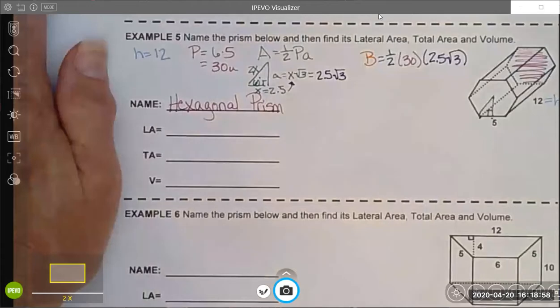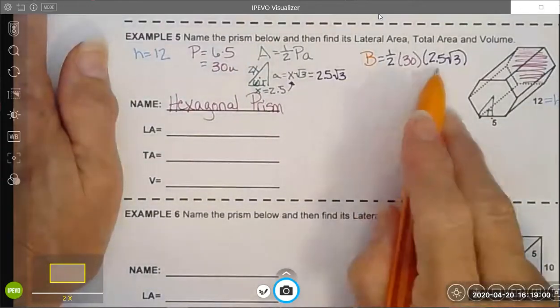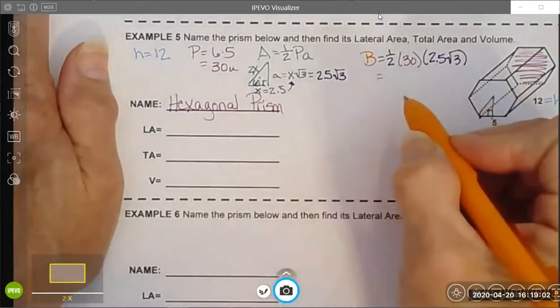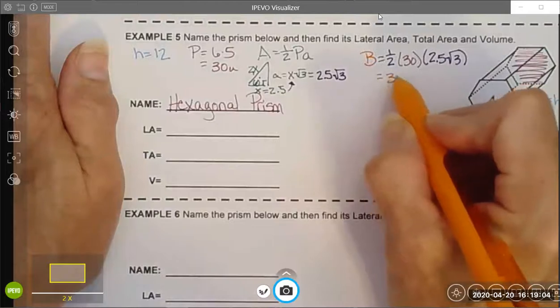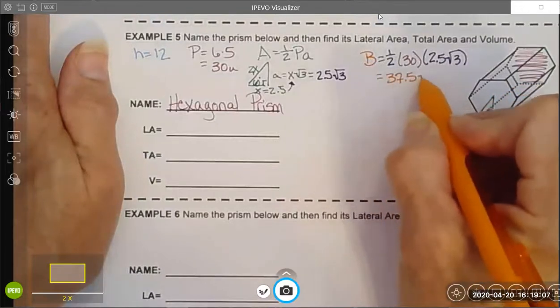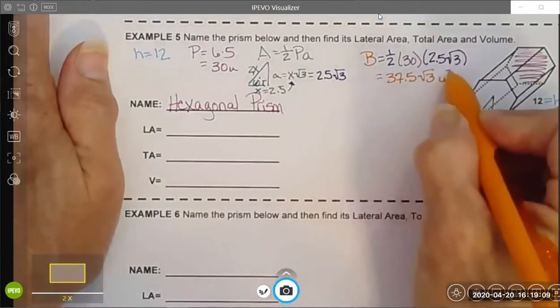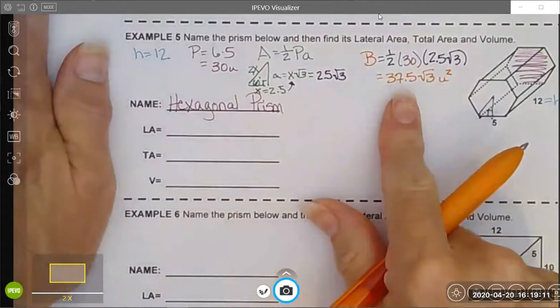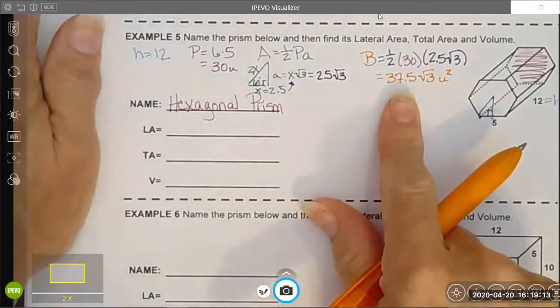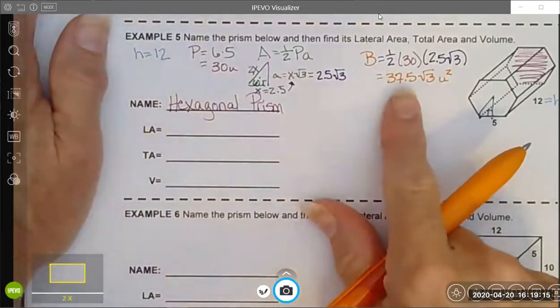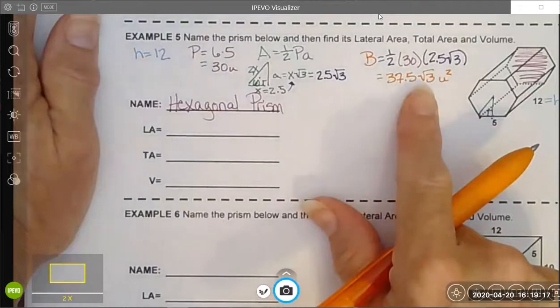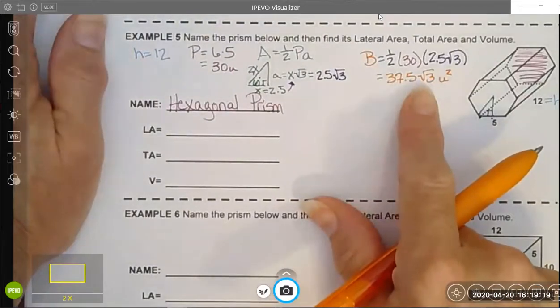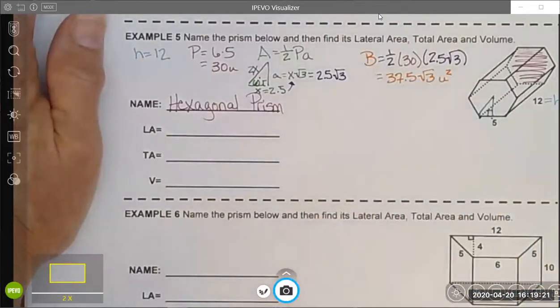And when I simplify all these lovely calculations, 15 times 2.5, as it turns out, comes to 37.5 square root 3 units squared. You may leave this as an improper fraction, or you can leave it in decimal form. Do not calculate with a calculator what radical 3 is. We always leave our answers in radical form.